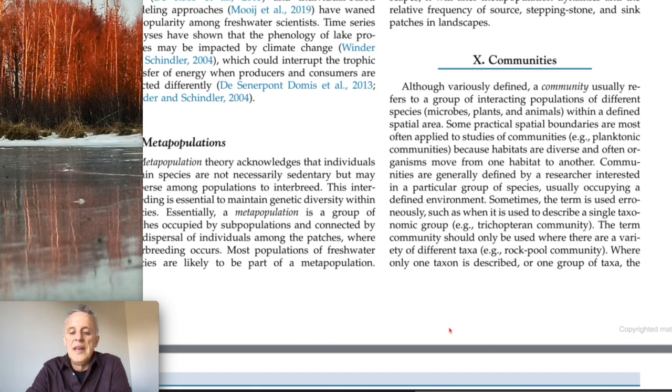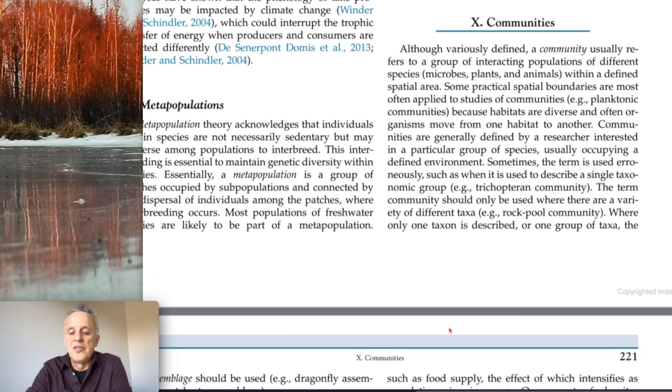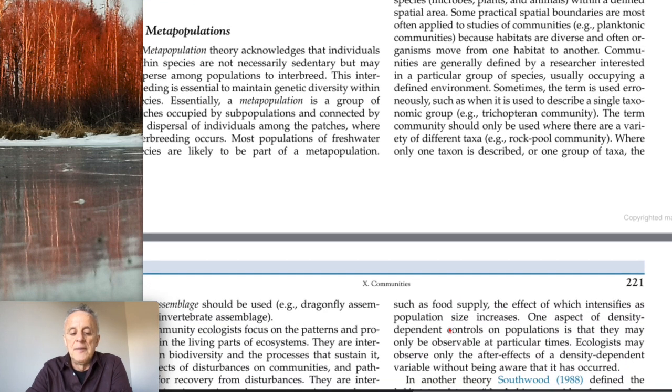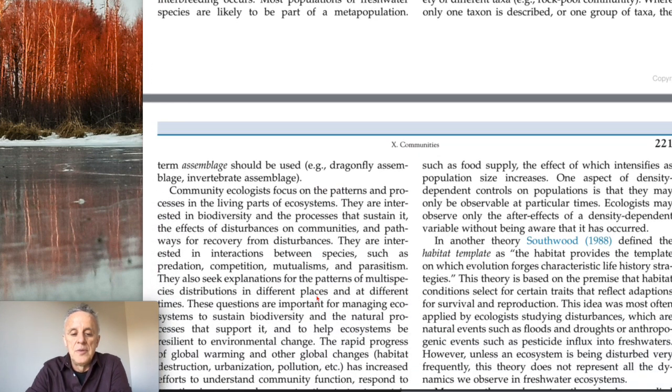Sometimes the term is used erroneously, such as when it is used to describe a single taxonomic group, for example the Trichopteran community. The term community should only be used where there are a variety of different taxa. Where only one taxon or one group of taxa is described, the term assemblage should be used.